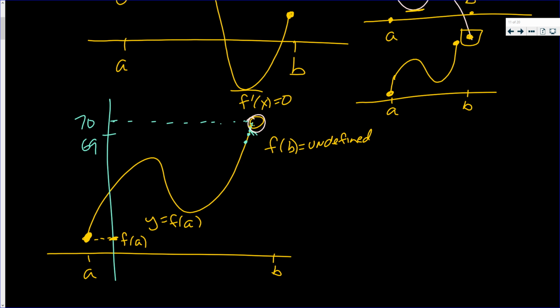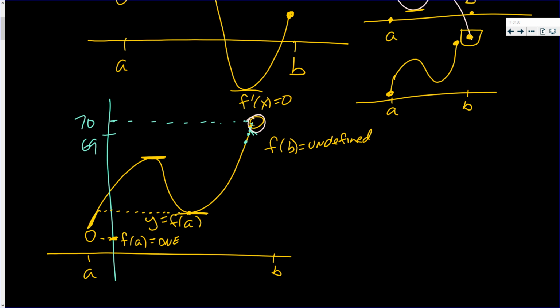Likewise, if there was a hole at A, then f of a doesn't exist. So this function has no max or min. It's not here where the derivative is 0, and it's not at that point where the derivative is 0. Why? Because I found lower points.